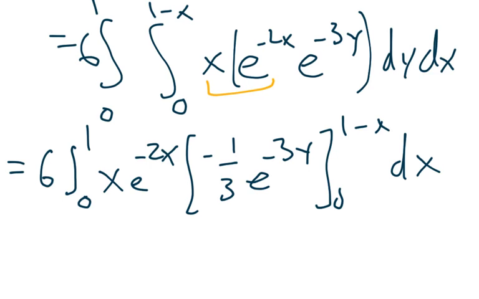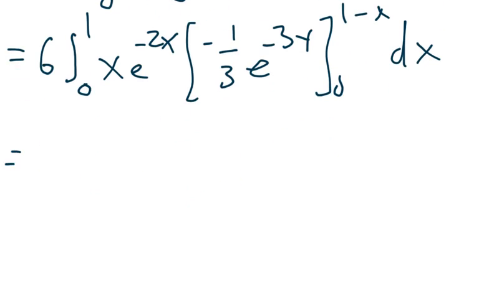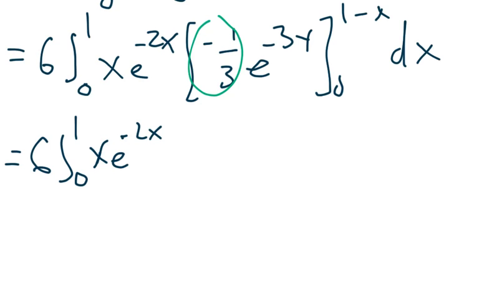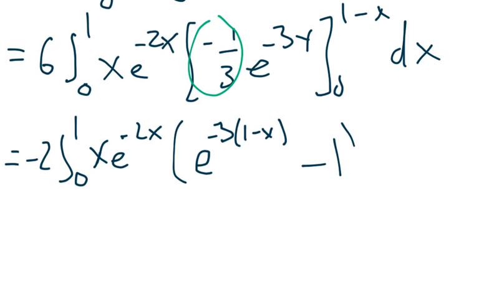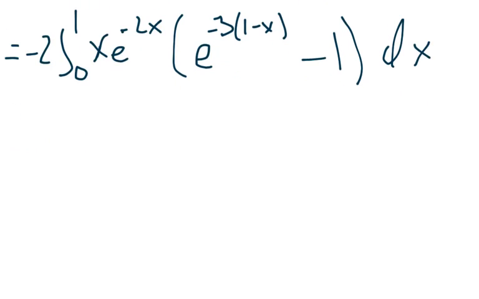Okay, so now we're at this step, and we have 6, 0 to 1, x, e to the minus 2x. Let me go ahead and bring this minus 1/3 out. Erase this, and then that gives me a minus 2 again. And then I'm going to have e to the minus 3, 1 minus x, minus 1. Same as I had before.